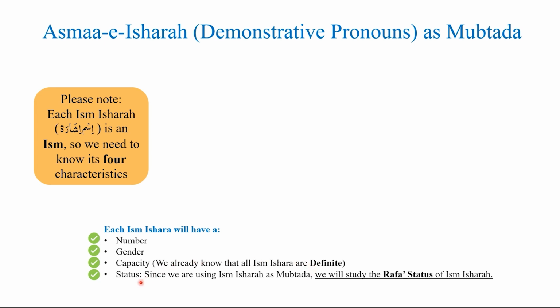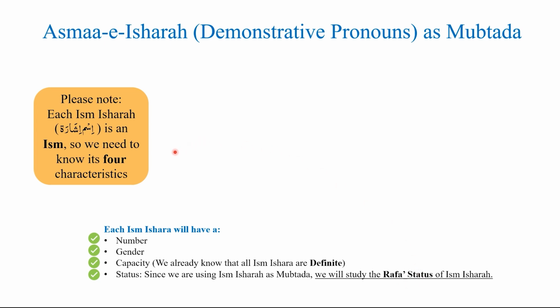Finally, we will need to know the status for each Ism Ishara. Each Ism Ishara will either be Rafa, Nasab or Jar. Since we are using Asma Ishara or demonstrative pronouns as Mubtada, and we know that Mubtada will always be Rafa, therefore we will study Asma Ishara in their Rafa status.